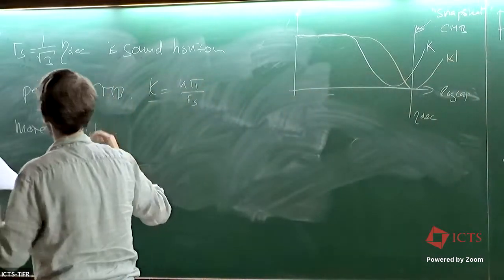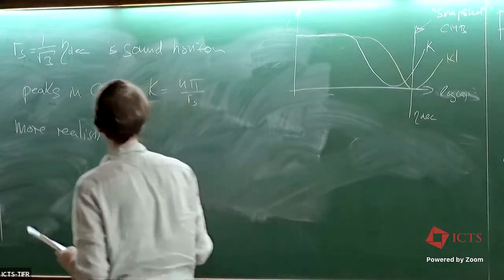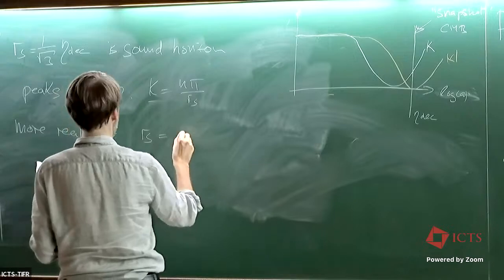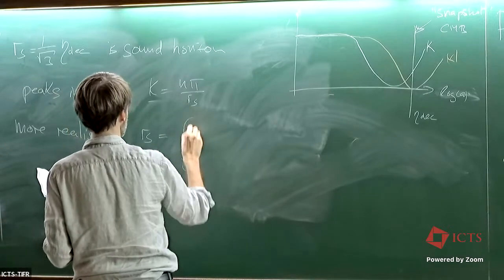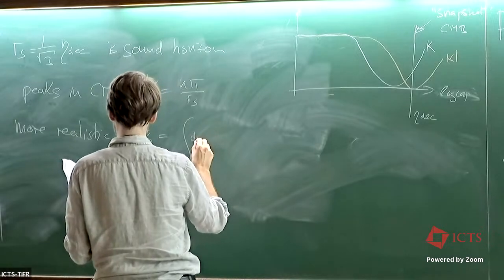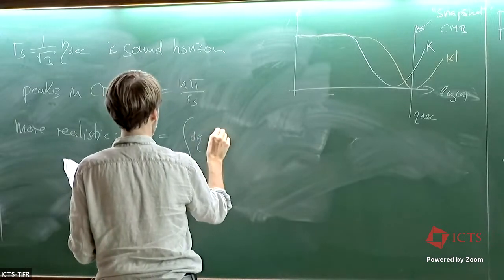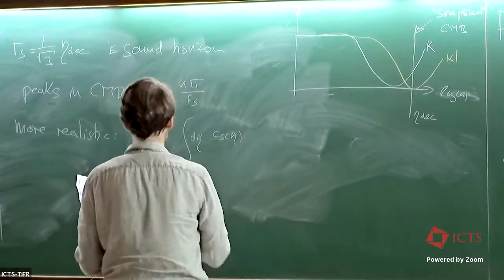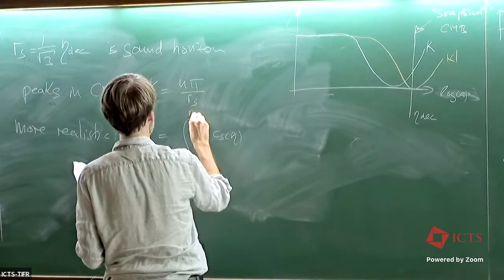And looking at it as a 2-component fluid, you can generalize the definition. So then the sound horizon is the integral d eta of the sound speed from 0 to eta decoupling.